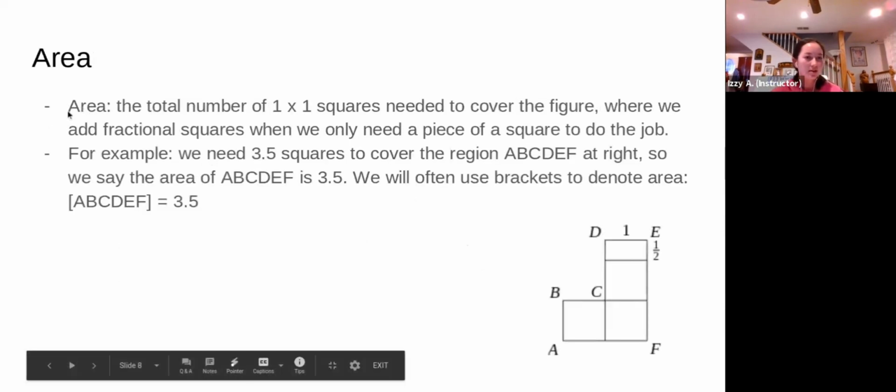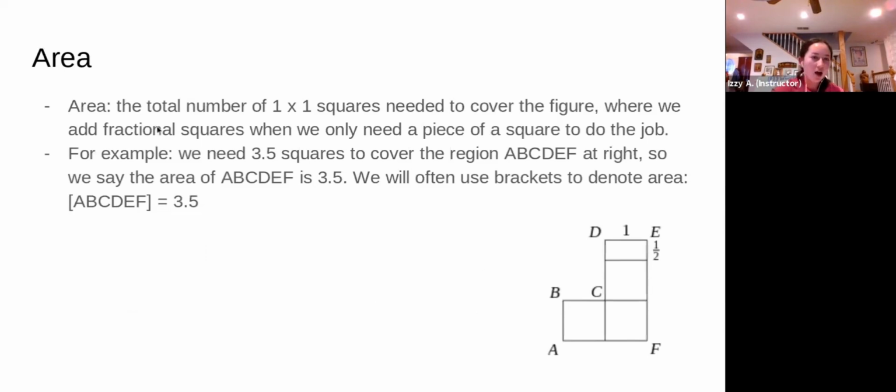But area, I also believe that you guys have come across area too. Area is the total number of 1 times 1 squares needed to cover the figure, where we add fractional squares when we only need a piece of a square to do the job. So for example, we need 3.5 squares to cover the region ABCDEF at right.